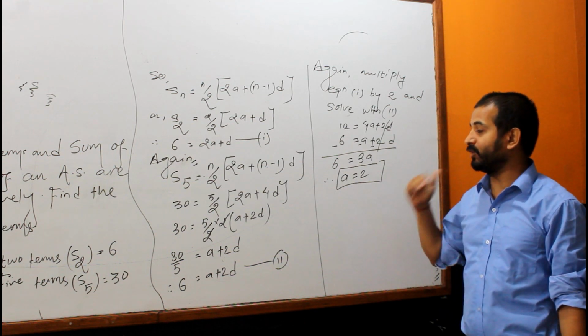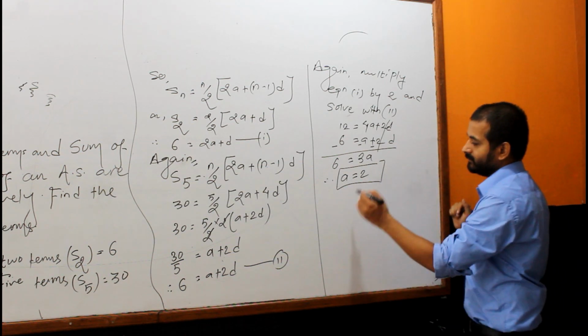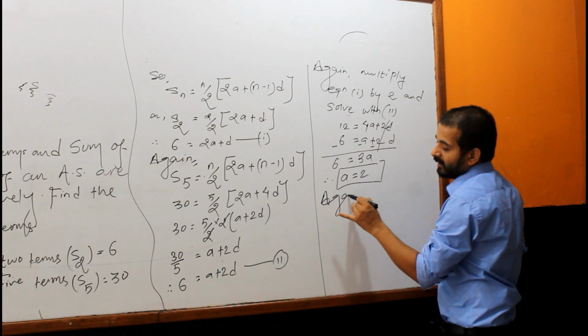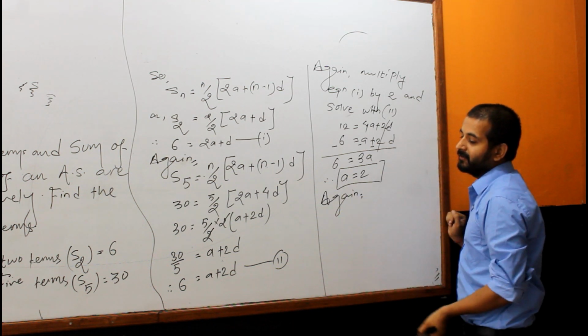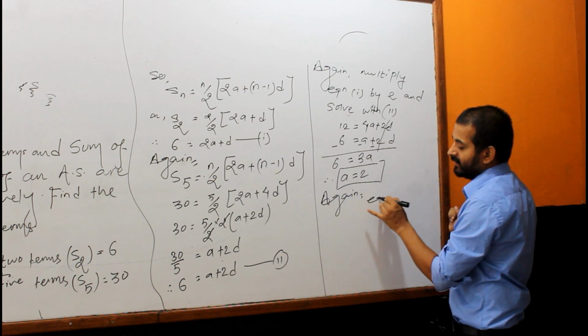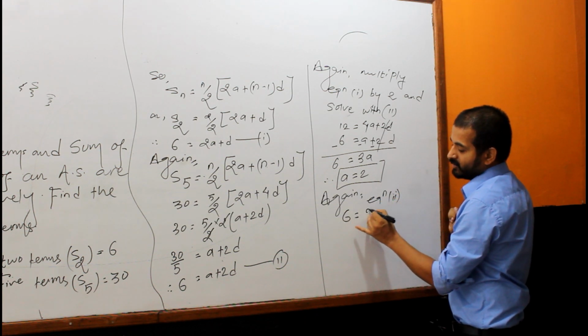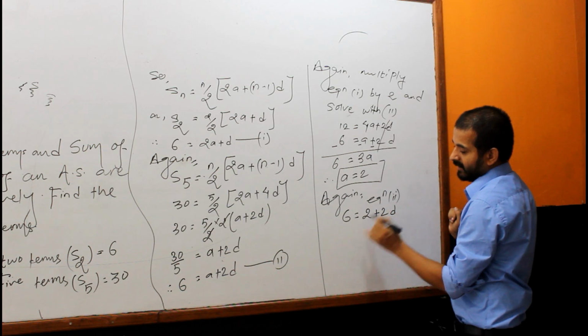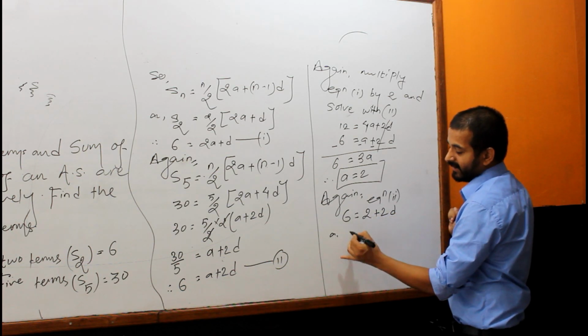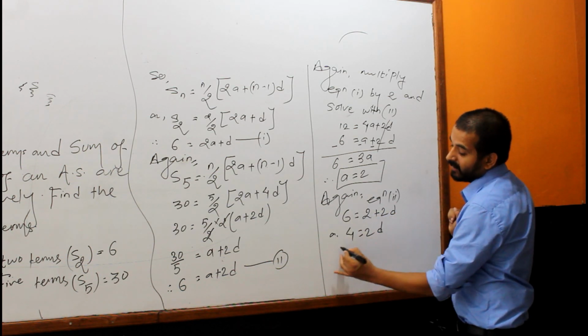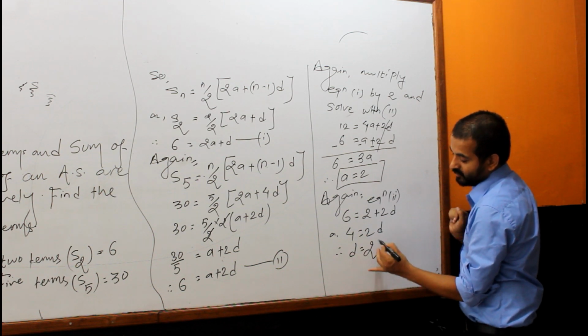Now we have to find d also. To get d, let's put the value of a in the second equation. 6 equals 2 plus 2d. When you subtract, 4 equals 2d. Again you get d equals 2.